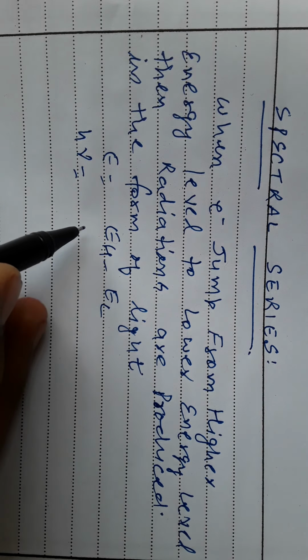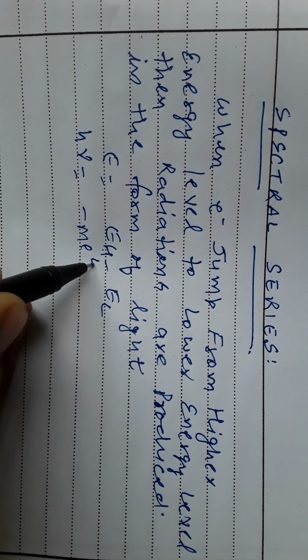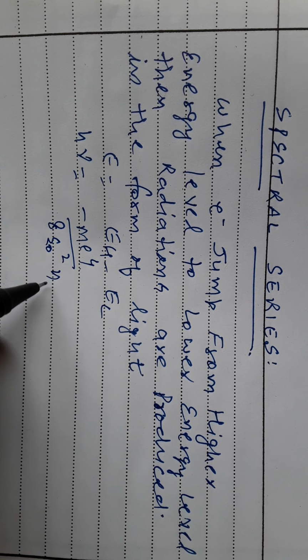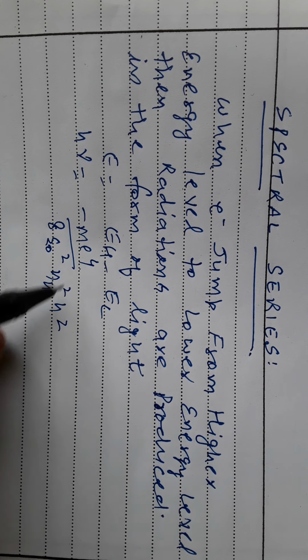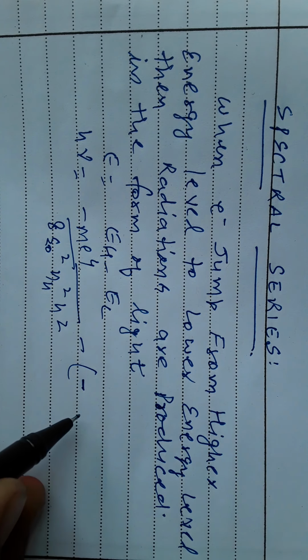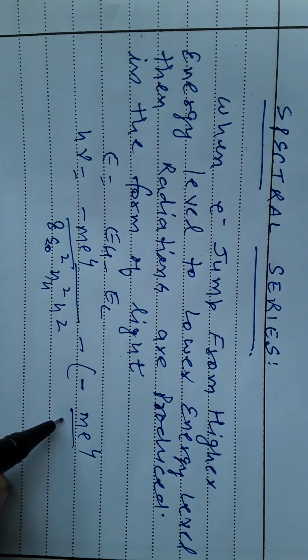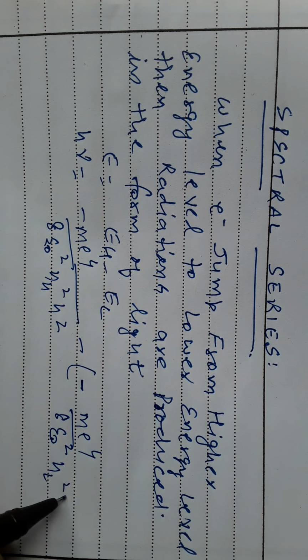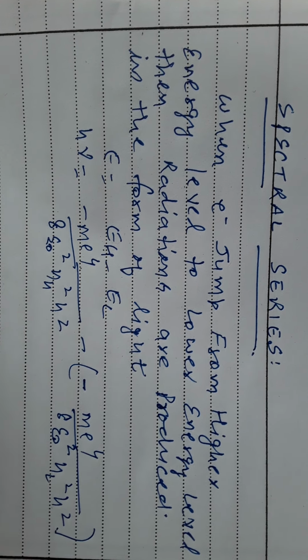For the higher orbit, we can write minus m e power 4 upon 8 epsilon naught square nh square into h square. For the lower orbit, we can write m e power 4 upon 8 epsilon naught square nl square into h square.